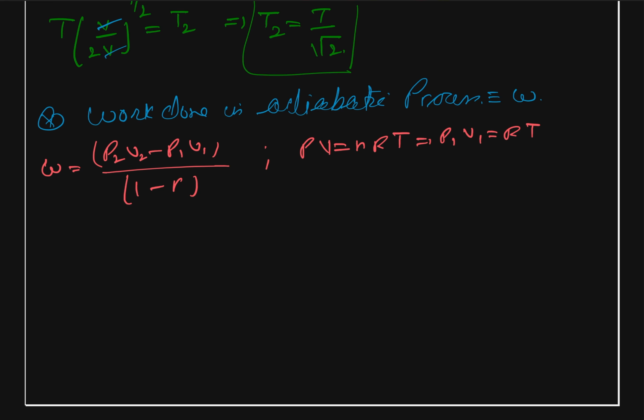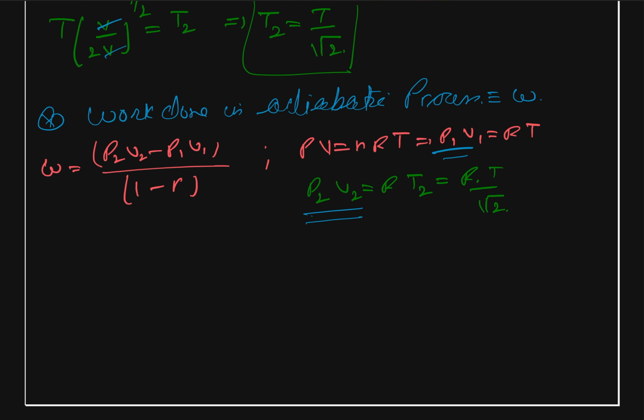Along with this we can also write that P2 V2 is equal to R times T2. And we know the relationship between T2 and T, so this comes as R times T upon square root of 2. So we got our P1 V1 and we also got our P2 V2.